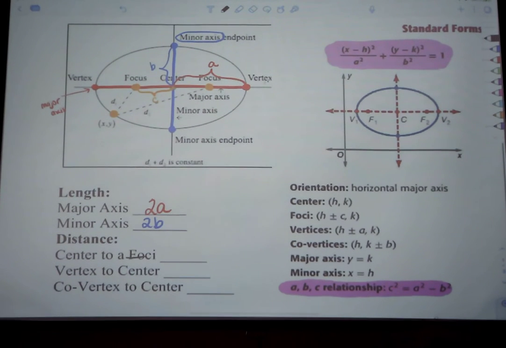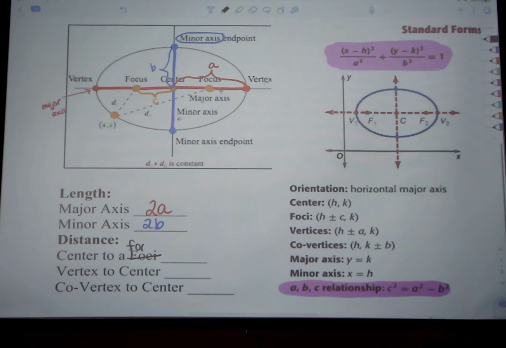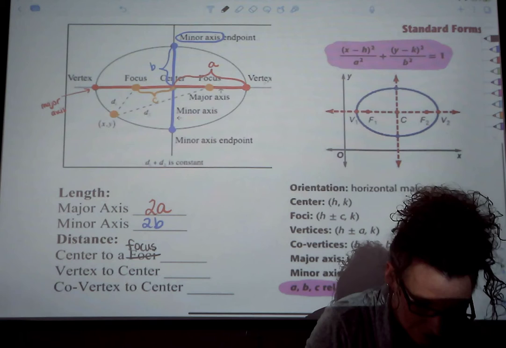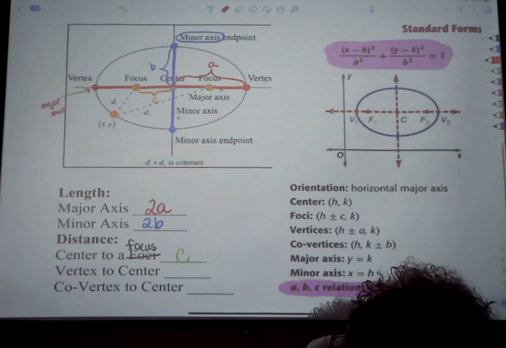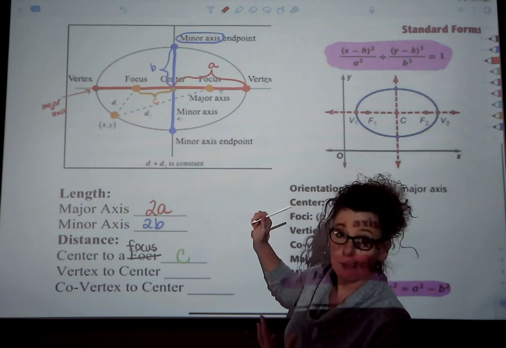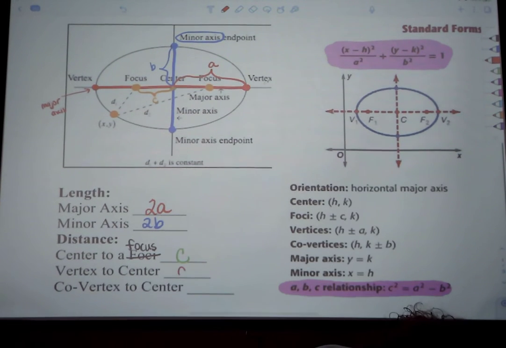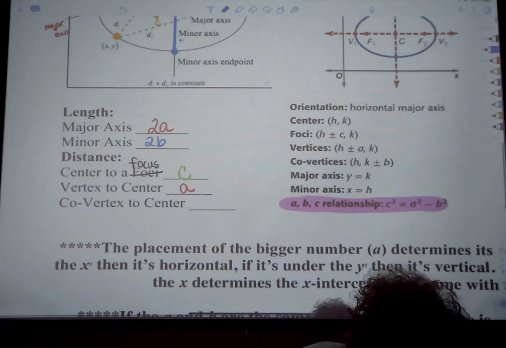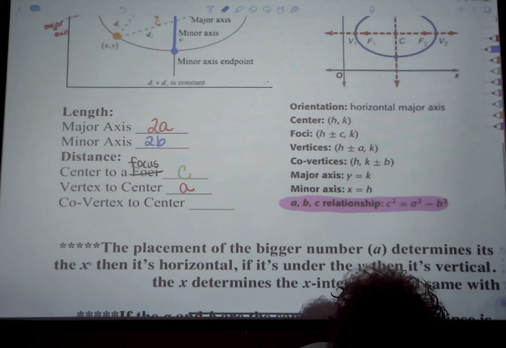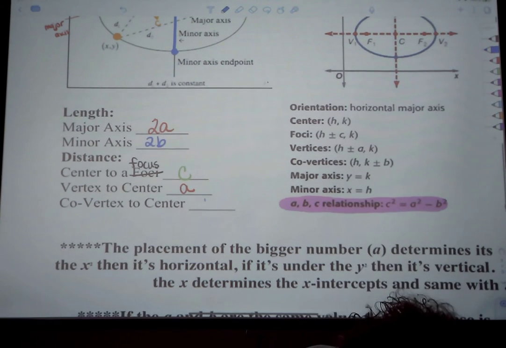From the center to just one focus is called little c. From a vertex, that's like a major vertex, to the center is little a. And co-vertex, that's like minor axis to center is b.